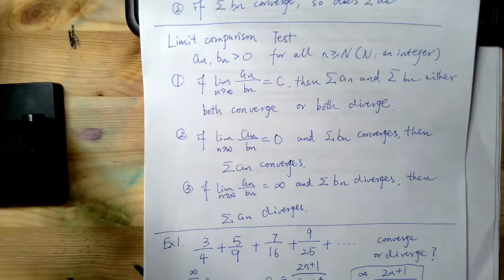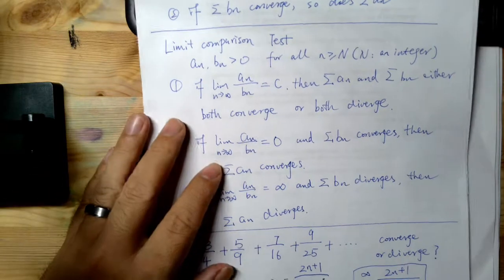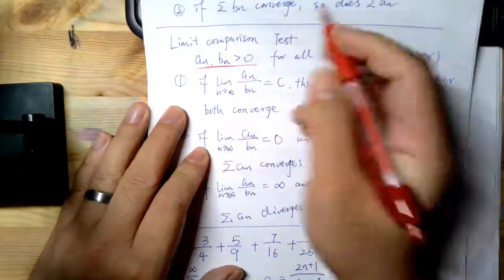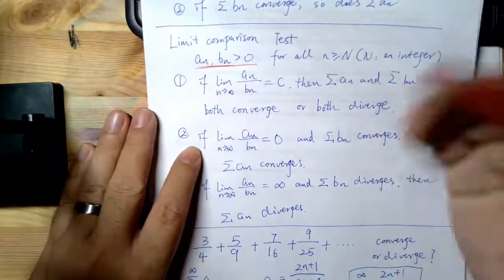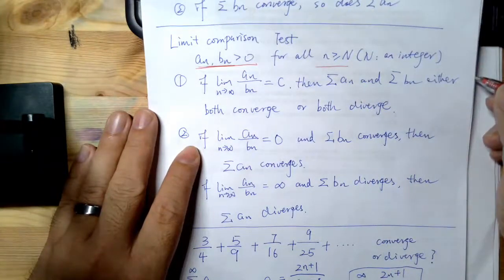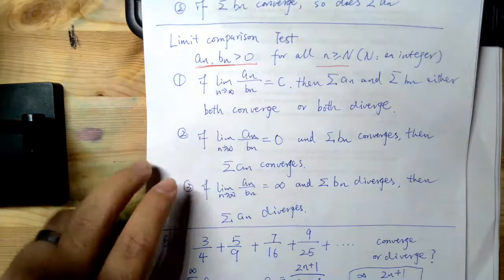Okay, so now let us take a look at what we call the limit comparison test. We have two series, with nth terms a_n and b_n, and they're both positive for all n greater than capital N, where capital N is an integer.